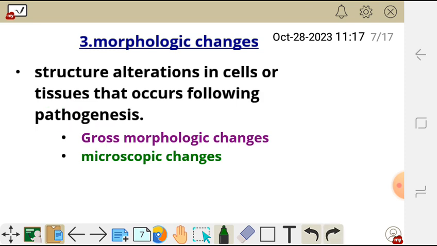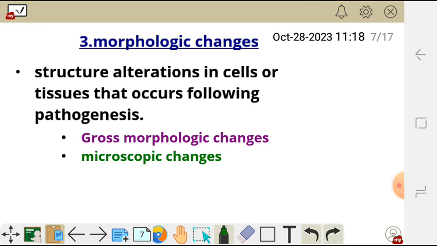Okay, so we have the cause, the etiology, which will progress to pathogenesis, where the mechanisms take place. Now those mechanisms are going to cause alterations in the cells or tissues. Those alterations that occur following pathogenesis are what we call morphologic changes.